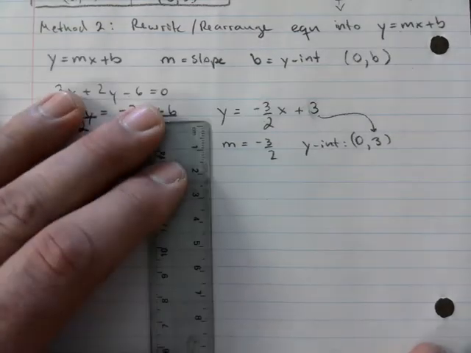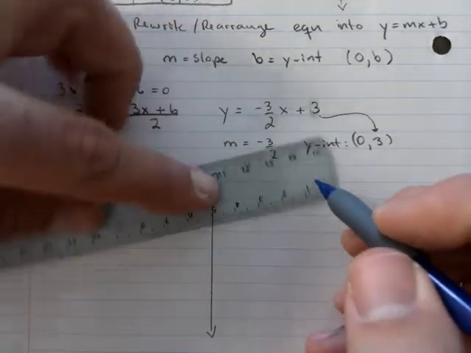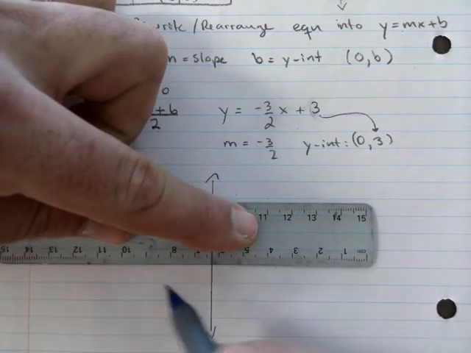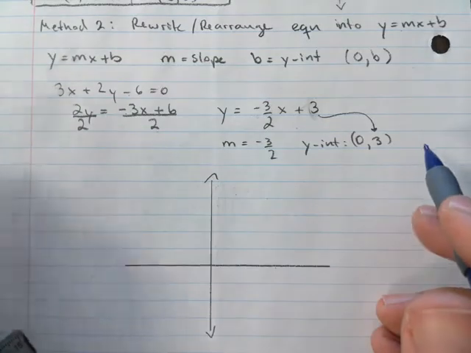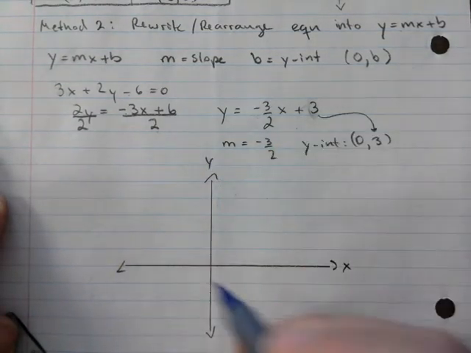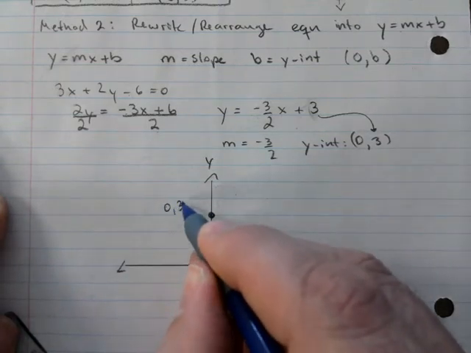I'm just going to do this one. Just do another one. It shouldn't take you that long. X, Y. 0, 3 is your starting point. You start with it. Okay? 0, 3.